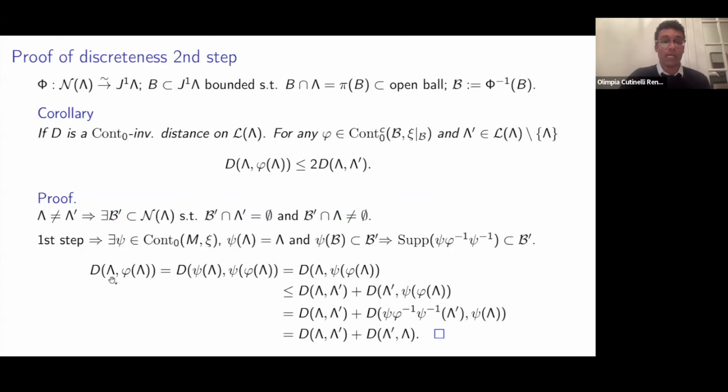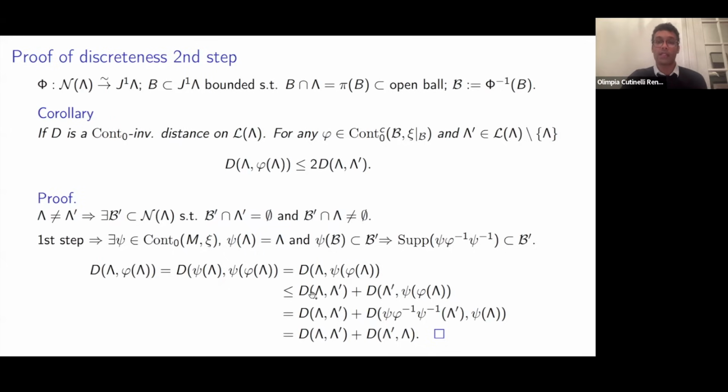So the distance between lambda and phi of lambda is the same as the distance between psi lambda and psi phi lambda, because the distance was invariant. But psi preserves lambda. So it's just the distance between lambda and psi phi lambda. And then you use the fact that you have a distance, so you have the triangle inequality.